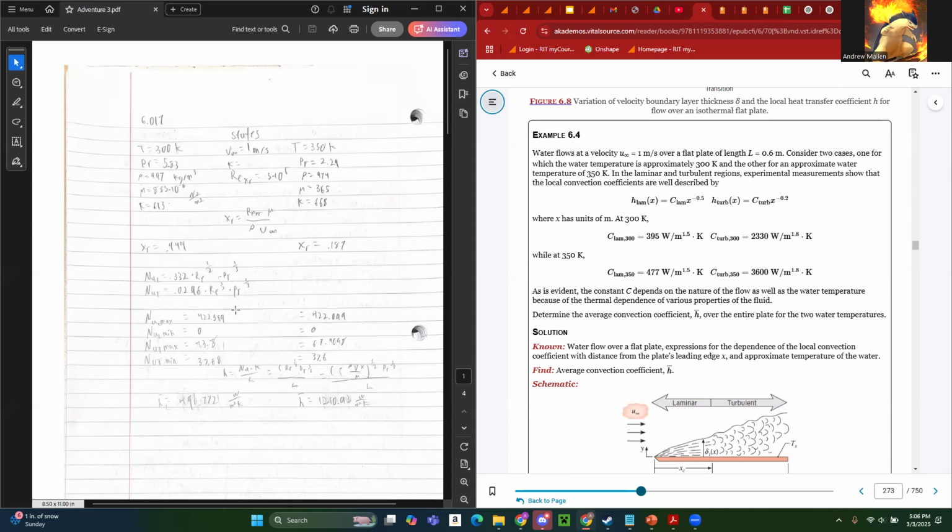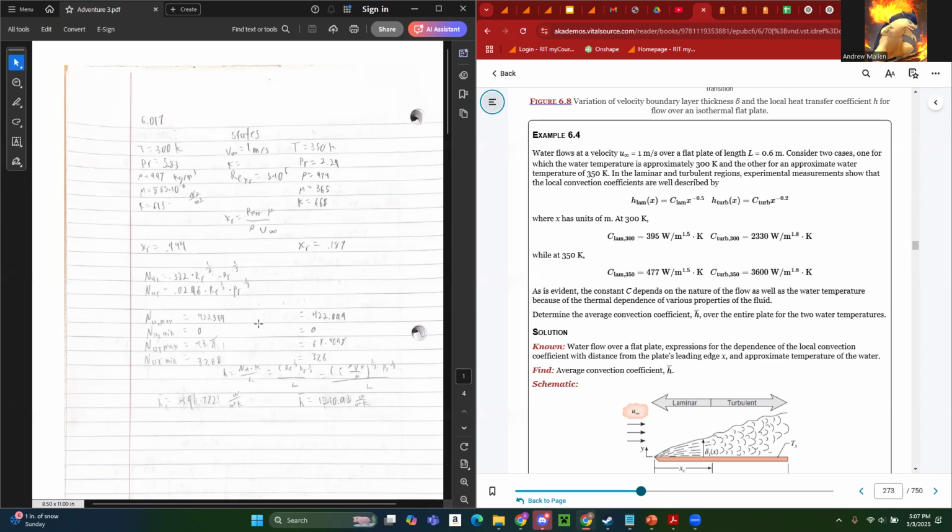Now, at first, I decided to find the max and min Nusselt number values when looking at x equal to 0, that's the edge of the plate, versus x equals the critical number, which would give us the max and min of the laminar and the turbulent Nusselt values.